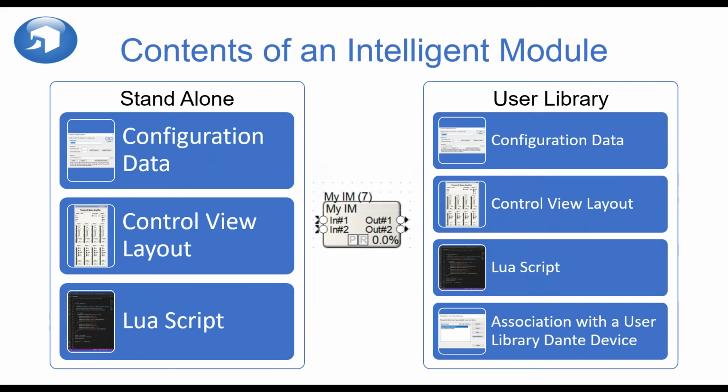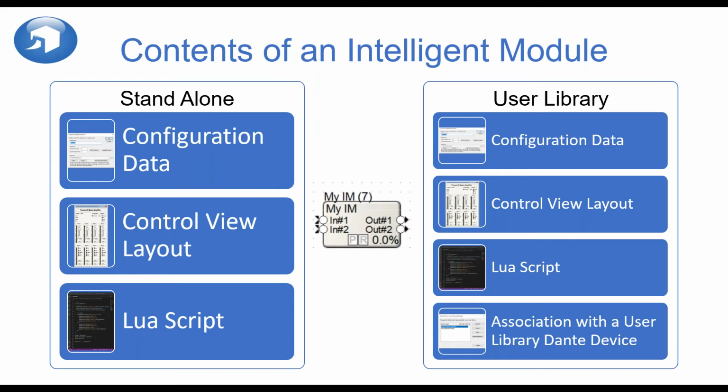So what's inside of an intelligent module? What makes up an intelligent module? Well, there are a lot of similarities, as I said. They both have configuration data that defines what it is, its connections, and things like that.